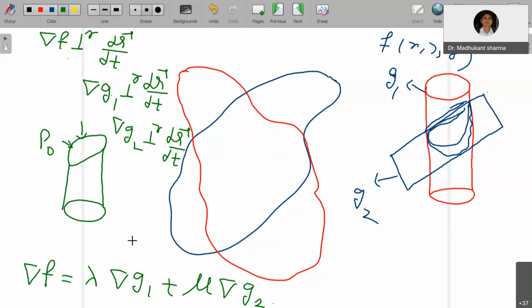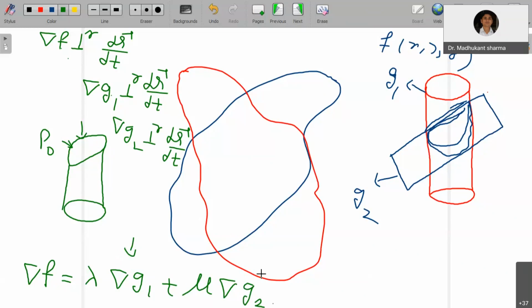So this is the extension of the method of Lagrange multipliers when you have two constraints. In a similar fashion, you can generate a method of Lagrange multipliers with multiple constraints.